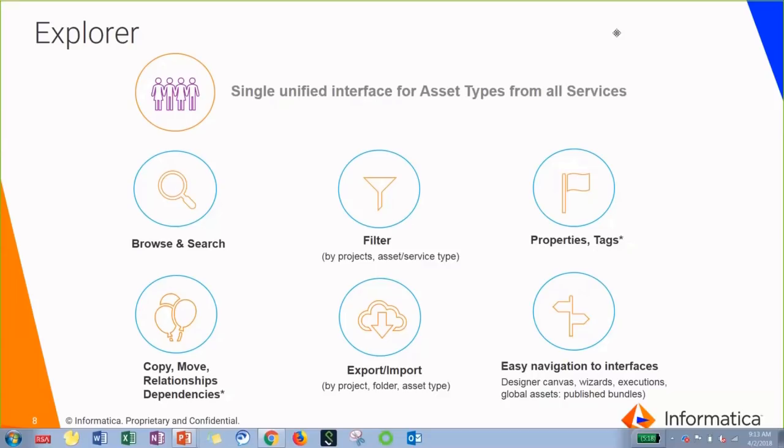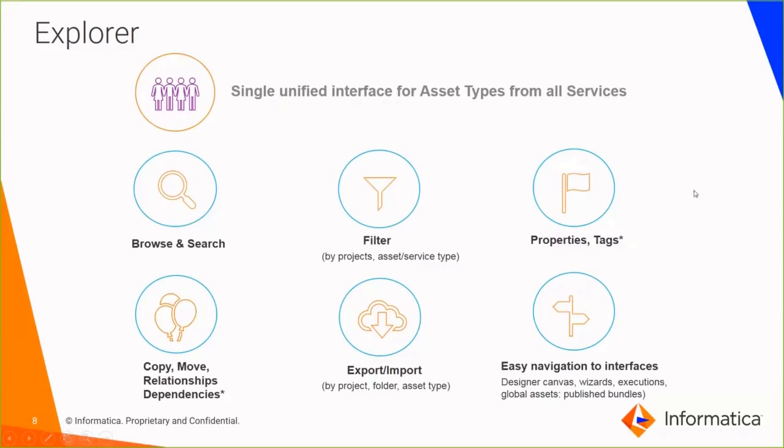So the key point here is the new platform offers you a unified interface for all the asset types, for all the services. What I mean by that is the same Explorer is provided for data integration, application integration, and for all the services that are going to be available in the near future. Okay, next slide.